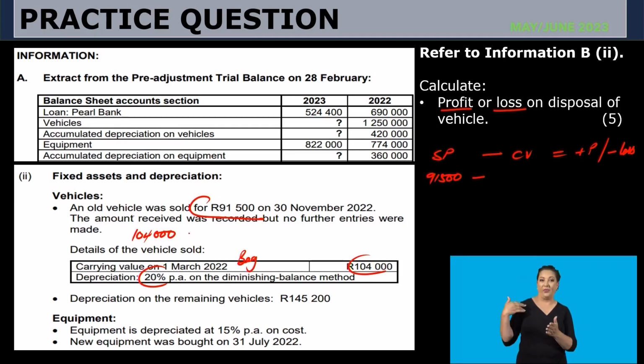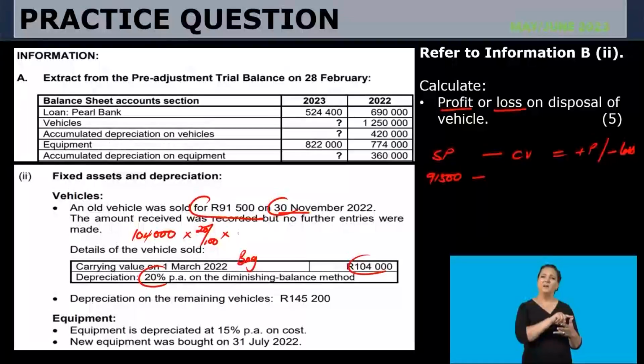All right, so I'm going to multiply that by 20 over 100. For how many months did we have this asset? It was disposed on 30 November. The financial year begins in March. So, fingers: March, April, May, June, July, August, September, October. Do I count November? Yes, because it's 30 November. How many months is that? 9 over 12.